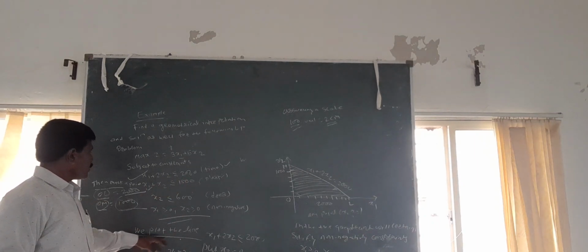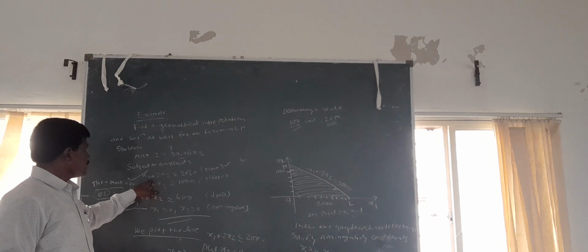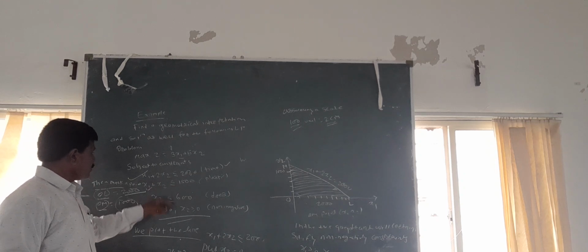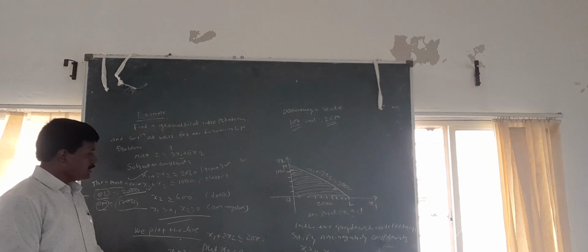First we plot the line for the first constraint, that is x1 plus 2x2 less than or equal to 2000.